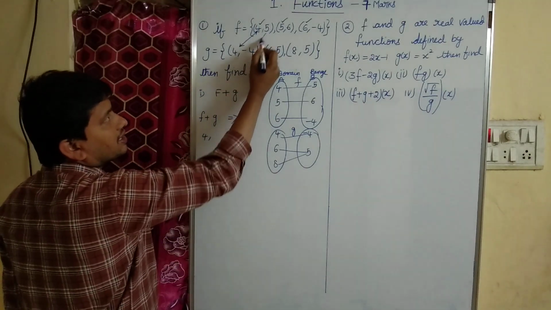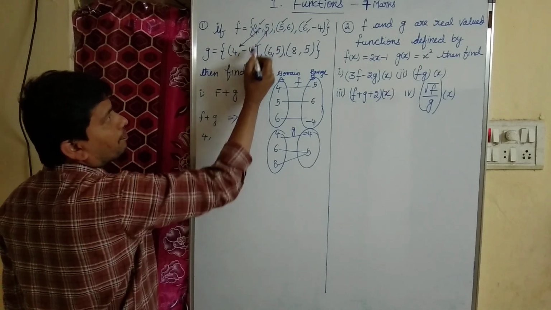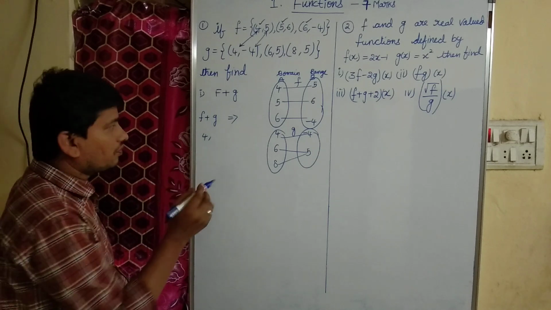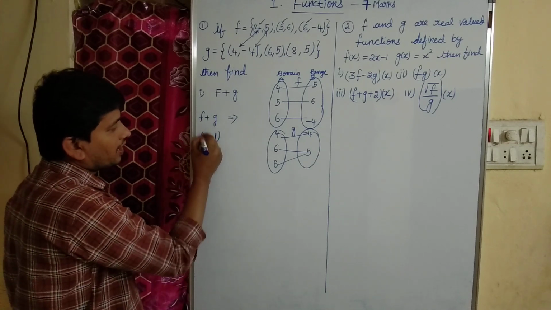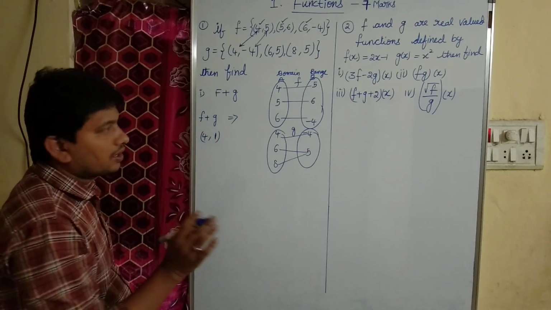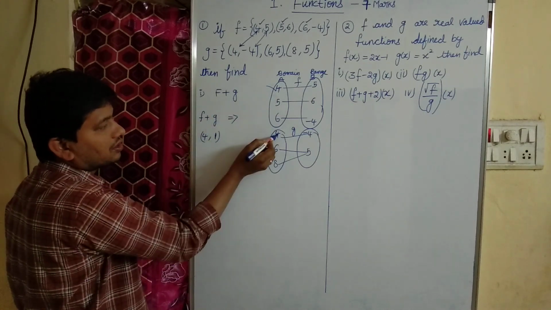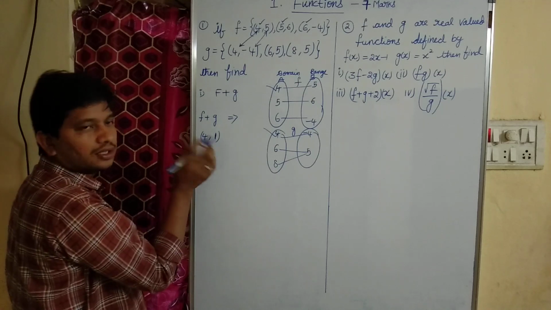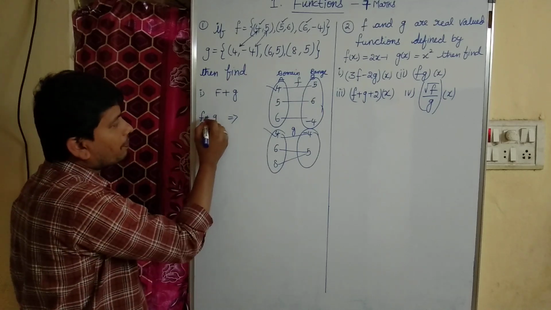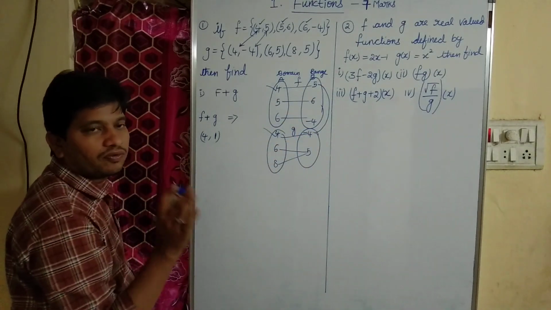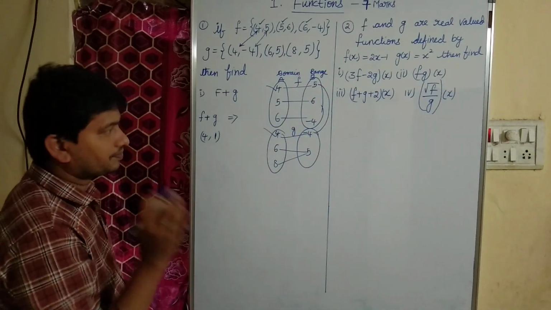We should add its range, 5 plus -4, 5 minus 4 which is equal to 1. Try to understand my point. Here domain will be as it is, 4 only. We have to apply addition operation to its range, 5 to -4, 5 minus 4 which is equal to 1.